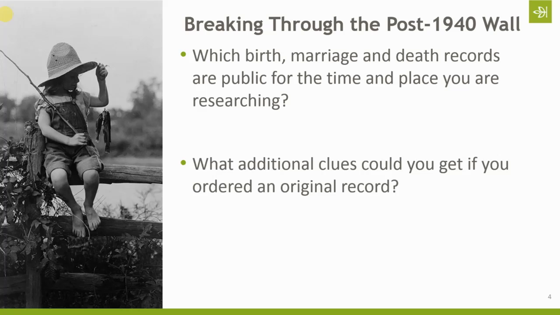So the indexes are made publicly available, but the original images of the certificates might not be publicly available. But I could still probably order them. If they've made the index available online, in almost every circumstance, that means I can order a copy of the original certificate. And I need to think about what additional clues I could get if I ordered an original record.